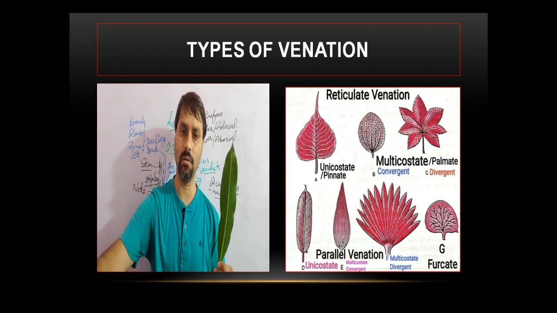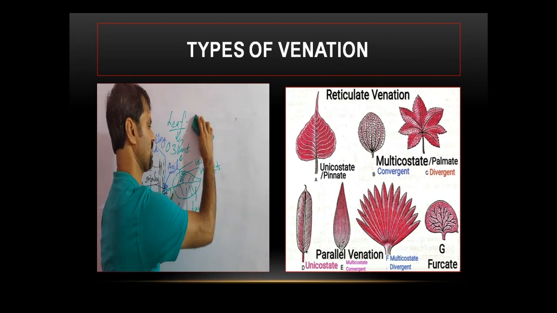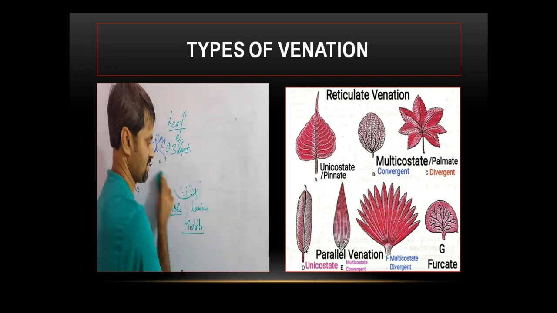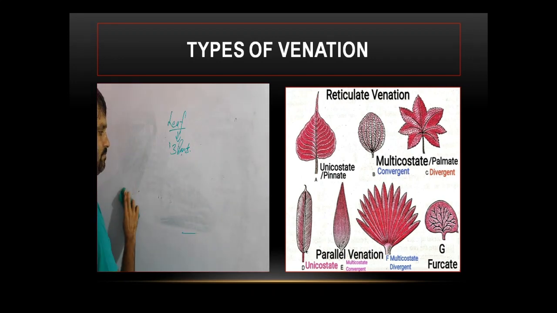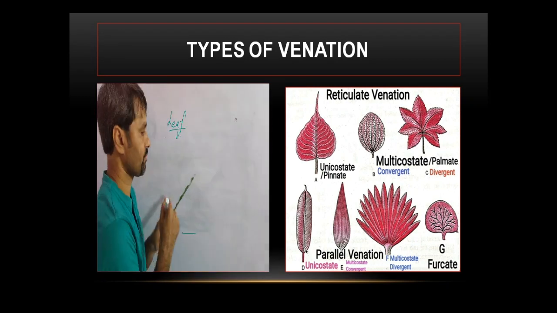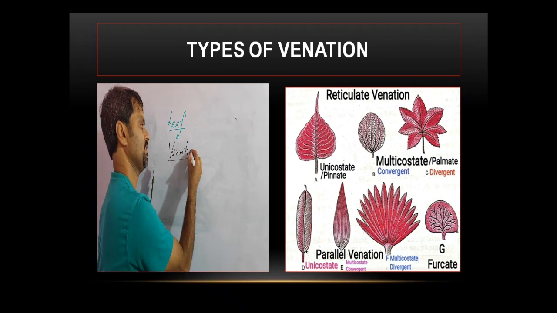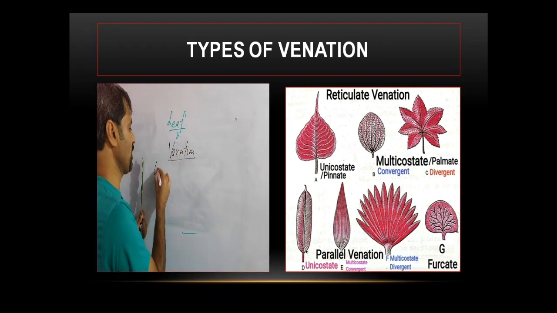बेटा सुनिएगा ध्यान से टर्म को. Listen carefully. Terms. In morphology, terms are very important. I can write this. We are discussing the venation. See here. So one is unicostate.